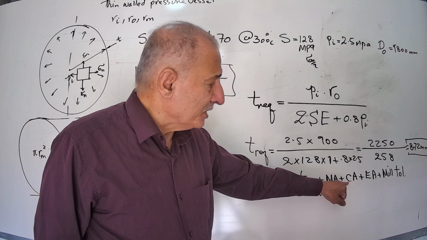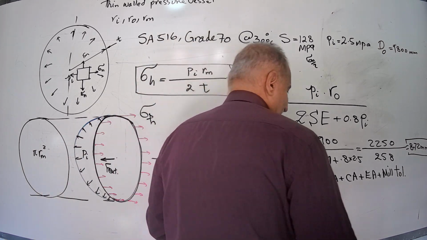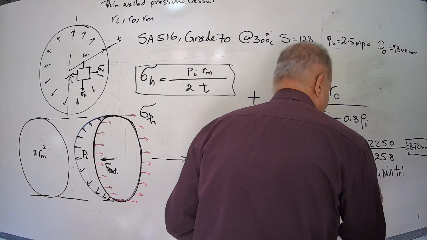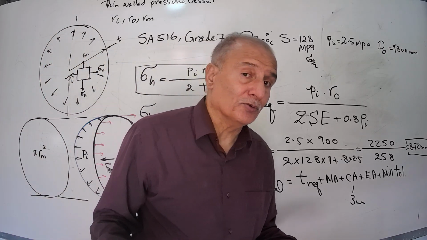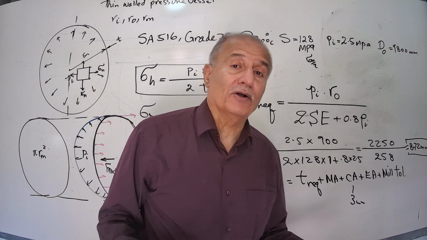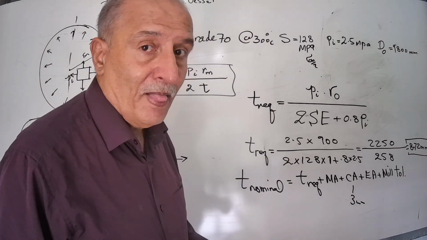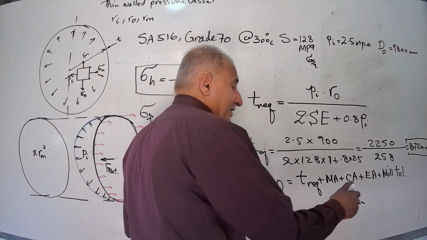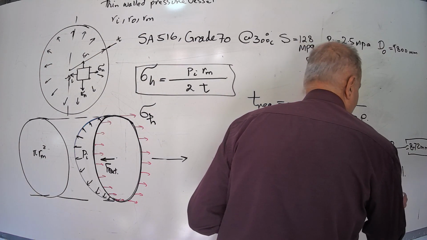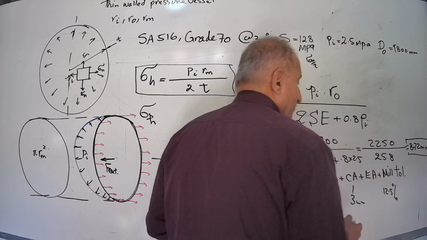Actually, it's something like 3 millimeters. Sometimes erosion happens, they have to add it to the thickness, sometimes not. It depends on the material that is actually taken in the pressure vessels. Milling, actually, they put 12.5% for milling tolerance.